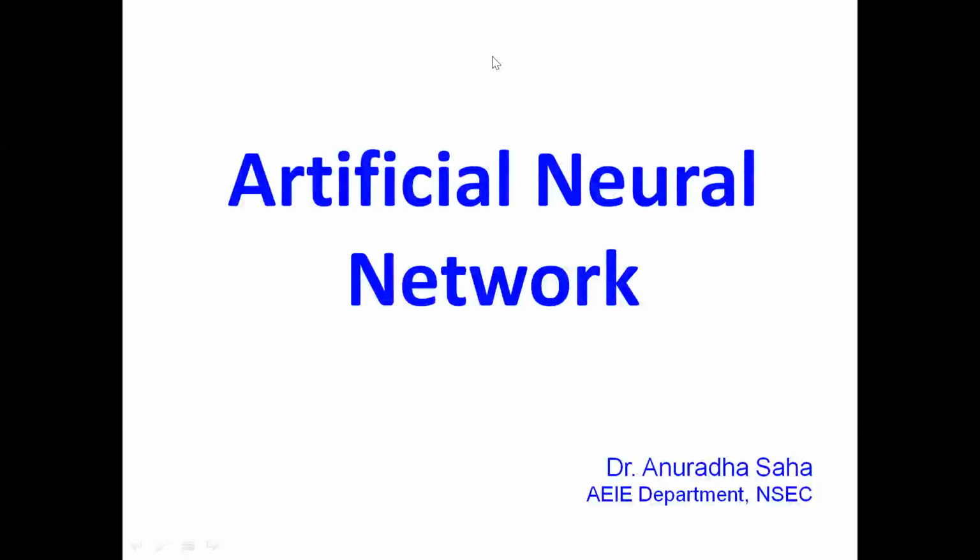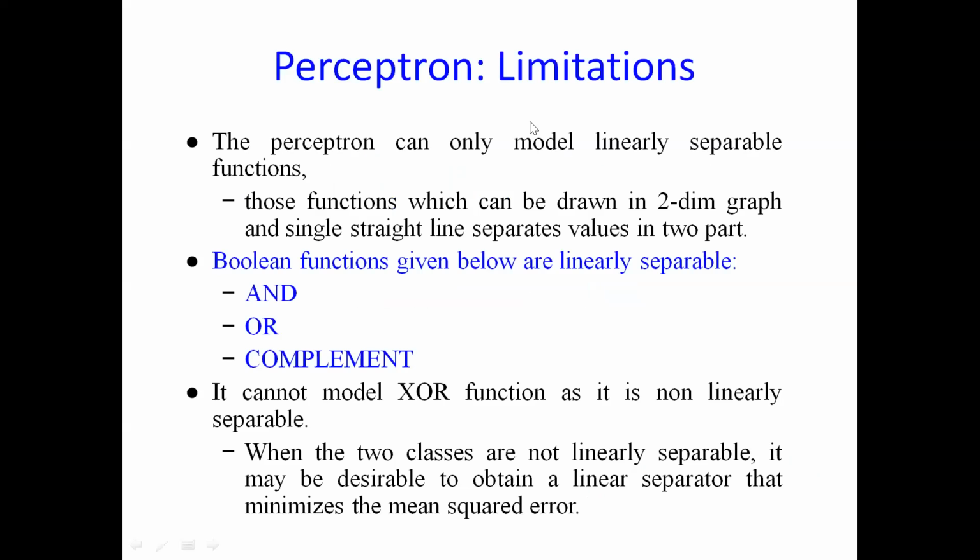Good afternoon, students. We are ready for today's class on artificial neural networks. As we remember, we left the previous class on a note where the perceptron was used to solve a linearly separable class.